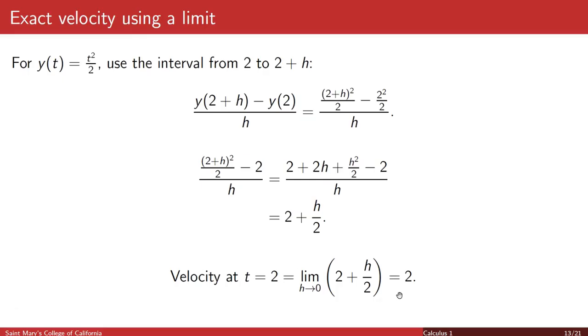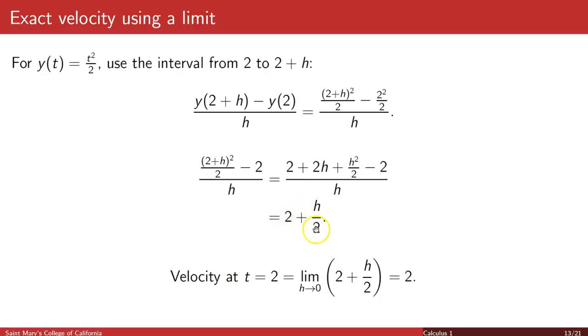Okay, and then we can go back to kind of the stuff we were using previously. y of 2 plus h minus y of 2 over h. Plug that into the function, do some algebra, and obviously I'm racing through this a little bit, but you do the algebra to the point where this 2 and this 2 cancel out, and once the 2's are cancelled out, the h's also cancel out, and we're left with this.